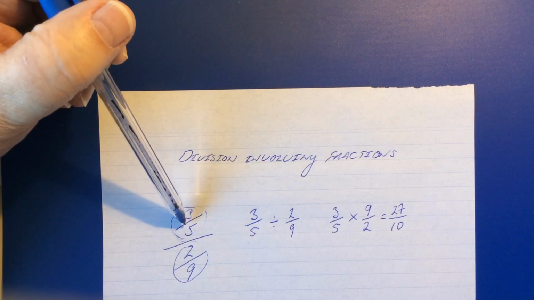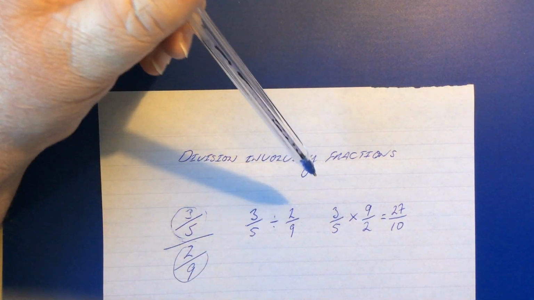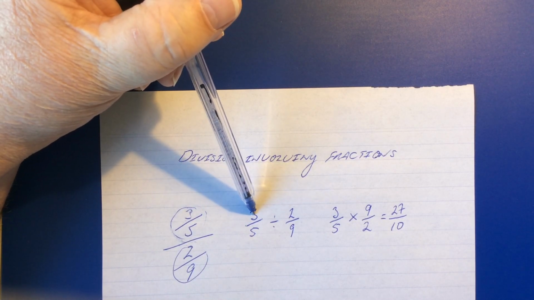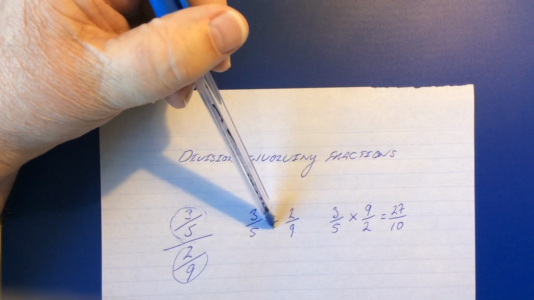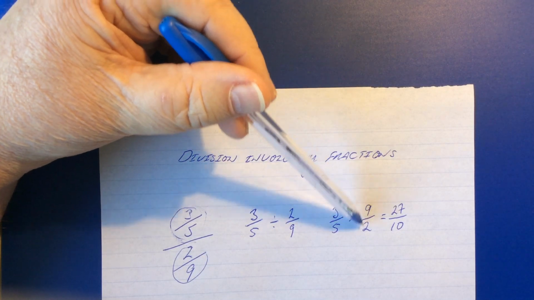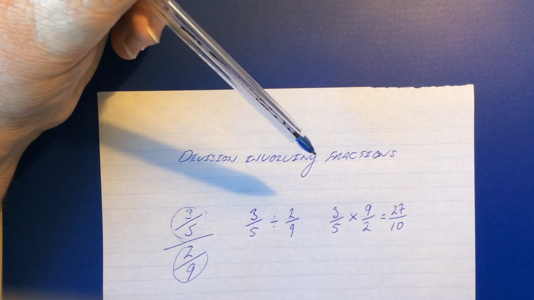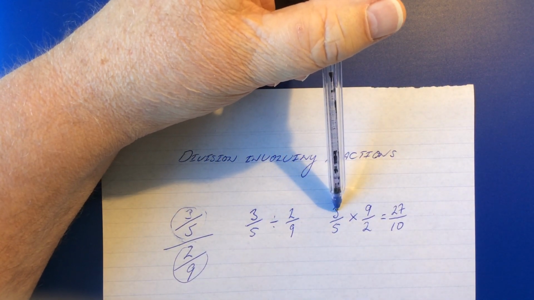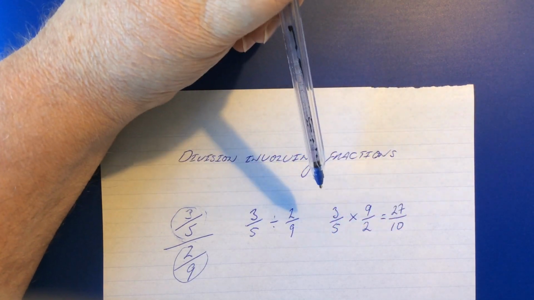So what I've got here is this divided by this, and then I can apply the simple rules of division of fractions, which are that you keep this fraction, the first fraction, you change the sign, and because you've changed the sign, you turn this to its inverse, you flip it, and you get 3/5 times 9/2. You in fact do not do a division. And then the simple rules of multiplication of fractions apply. 3 times 9, 27, 5 times 2, 10. That is the answer.